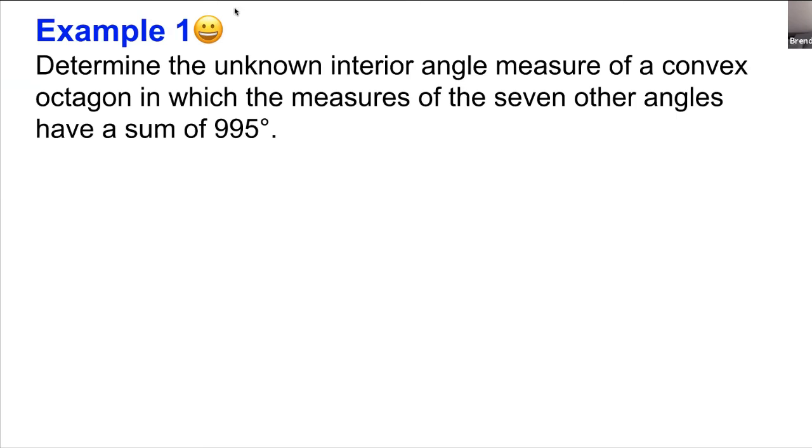We have to determine the unknown interior angle measure of the octagon, and the other 7 angles have a sum of 995.